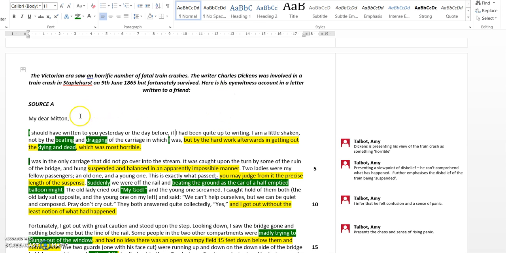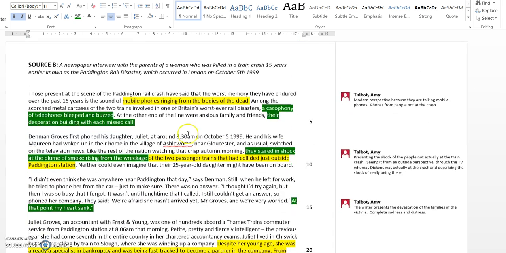Okay, so this is the source from Charles Dickens, and we already established that it's an eyewitness account that he's writing to a friend. And so it's a first person account, so we've got lots of 'I' coming in. So there's the first aspect of language you can talk about. Just to have a quick look at source B, it's more of a third person account, as we've said before.